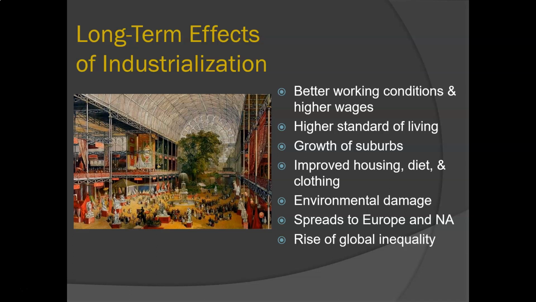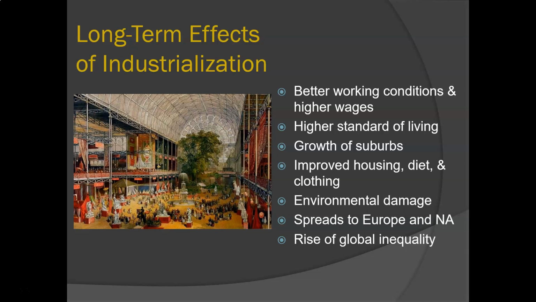Usually things just get better over time because the workers themselves are demanding more, and the owner class is negotiating with the workers and having their lives become better. A lot of the time, products and food are getting cheaper because of the efficiency of both farming and factory made products, and so people can afford more things. So over time, things start to get better, and everyone starts to have a higher standard of living.